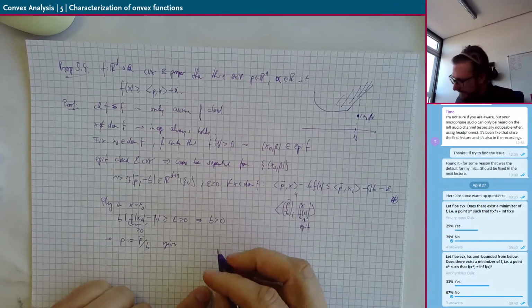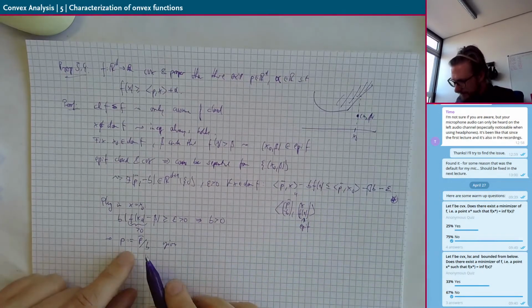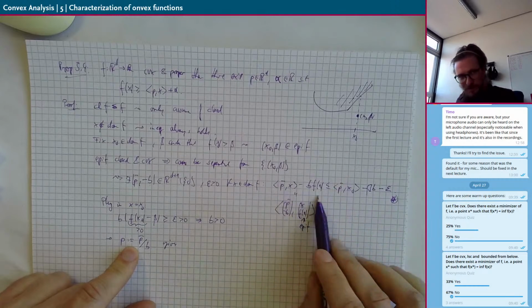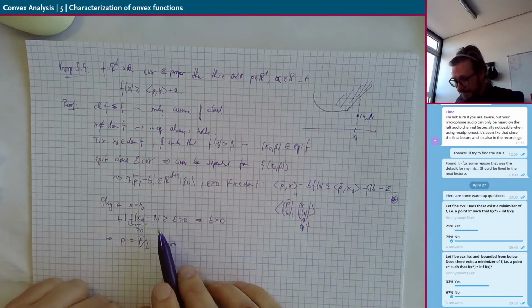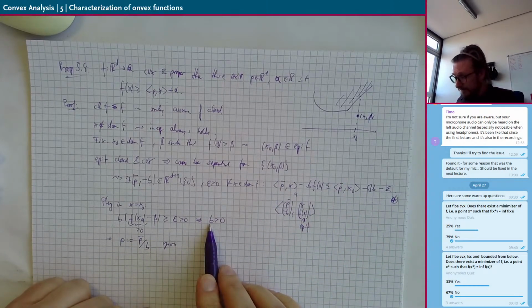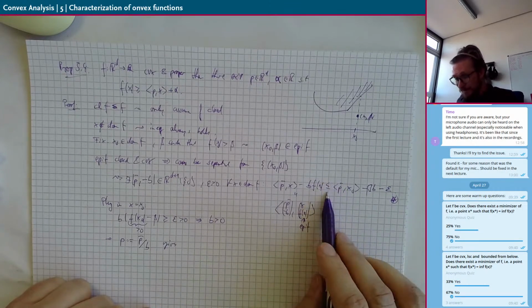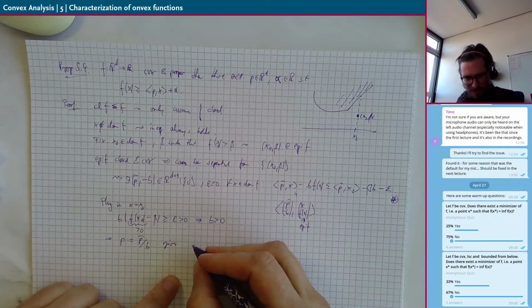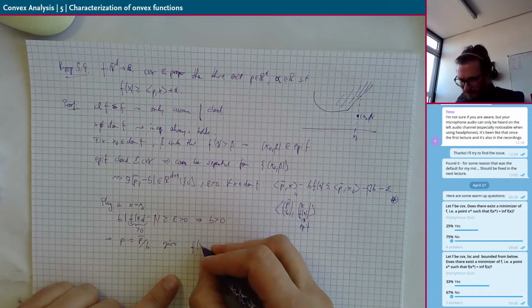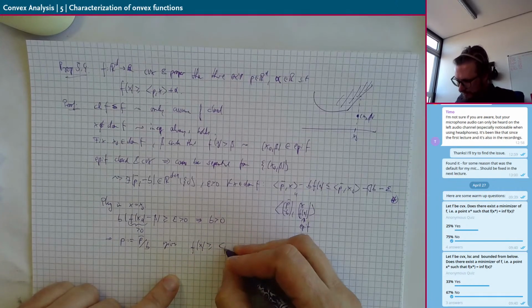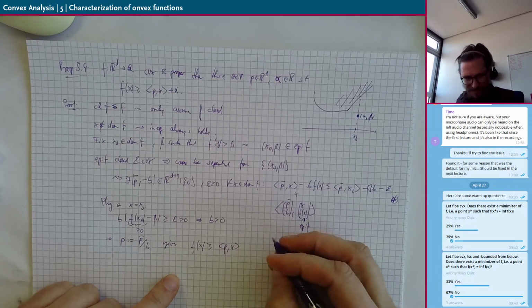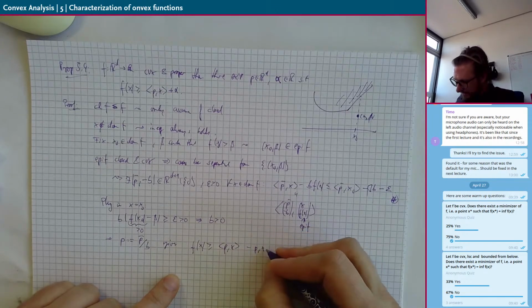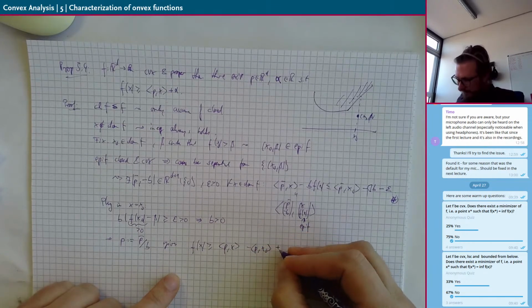If we divide this full inequality by b, and b is even positive, we can divide without flipping the sign, and we end up with, after a little bit of rearrangement, f of x is larger or equal to p times x minus p times x0 plus beta.